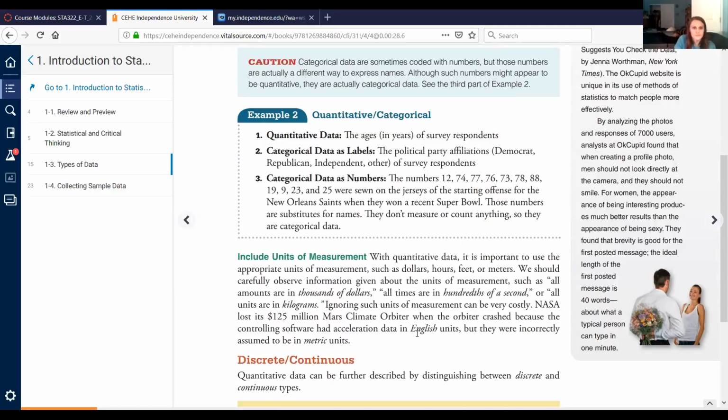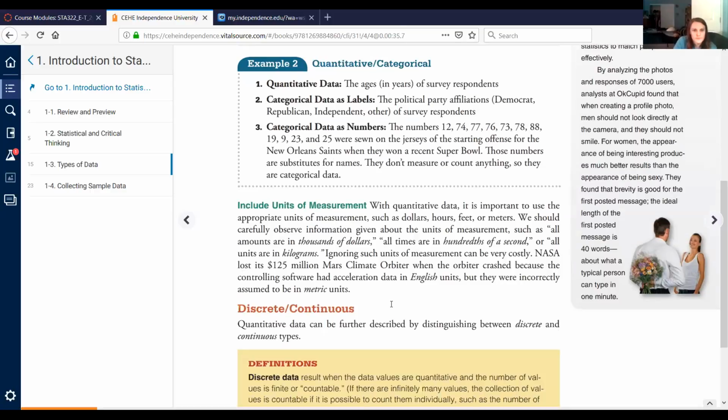If we are looking at quantitative data, we need to say what we're measuring. So in the case of this quantitative data, ages and years of survey respondents, each one we would say was 23 years old or 37 years old or whatever. We make sure that we are looking at this and recording that.